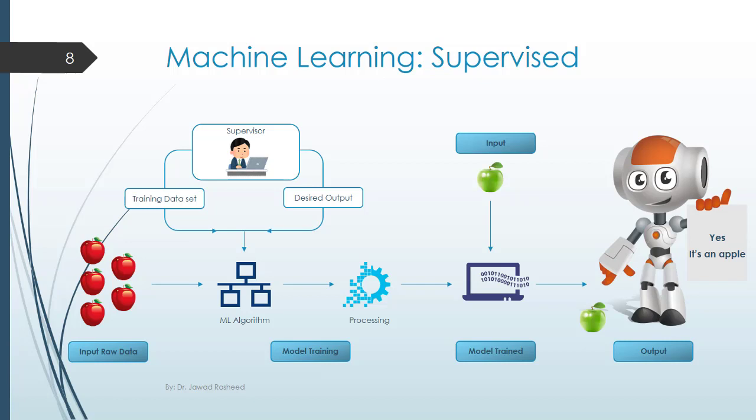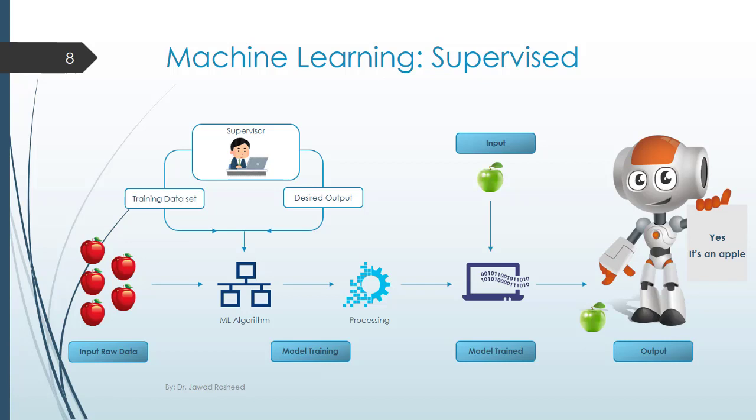You can see an image on your screen in this slide. In this image, we are feeding a raw input image of an apple to the algorithm.